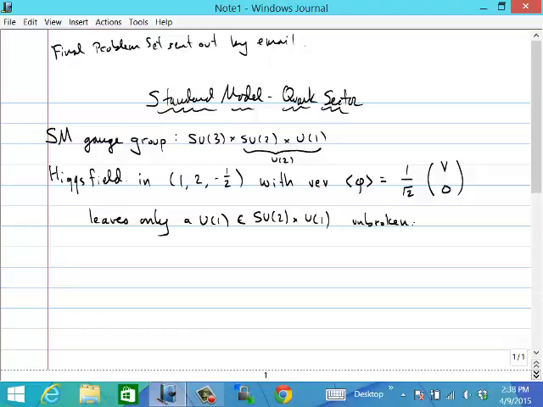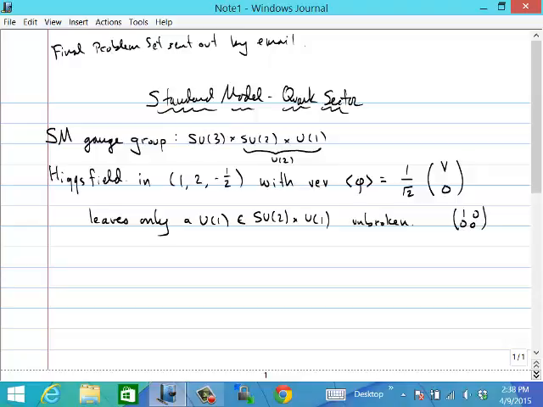Now, the easiest way to think of this is to think of the SU2 times U1 gauge transformations as generated by 2x2 unitary matrices. And if you think about what 2x2 matrix acting on this two-component vector V0 leaves that vector invariant, well, it's going to be the 2x2 matrix 1, 0, 0, 0. Okay. So the 2x2 unitary matrices generated by that will leave this vector invariant.